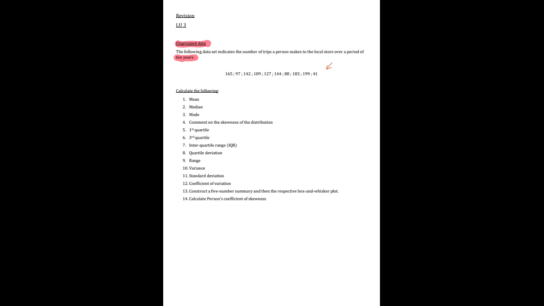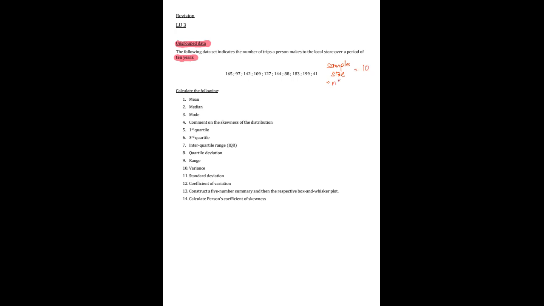So I'm going to write that on the side here because we do need to know what your sample size is. And the sample size is denoted by the letter N, which in this case, as we said, is 10.